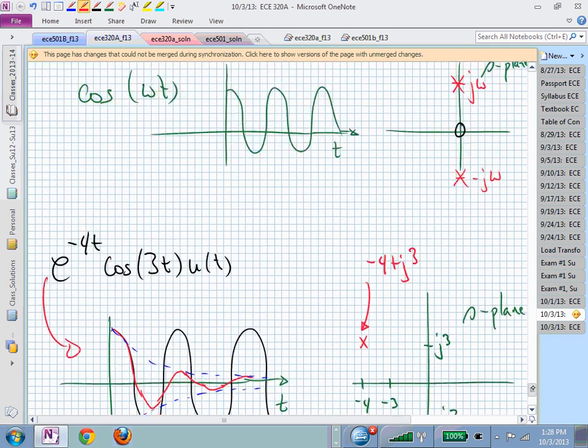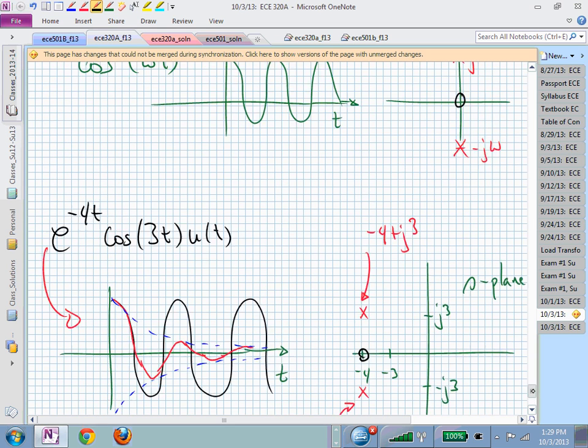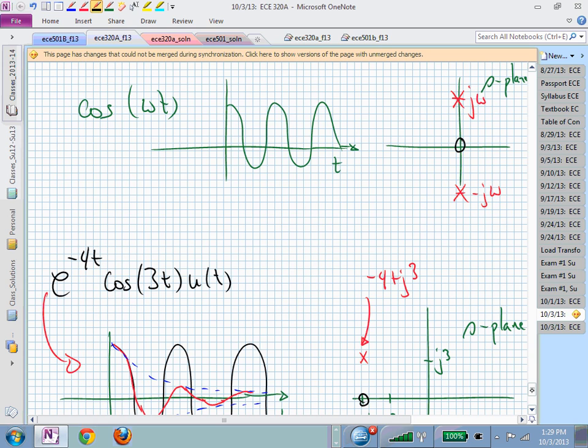And you have a 0 at minus 4. But where are those poles in this picture versus the poles on that picture? They're in the negative left half plane, don't they? And they correspond to this decaying exponential, e to the minus 4t. It has a negative exponent.